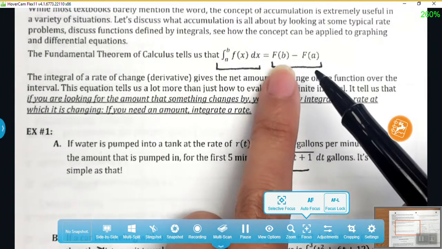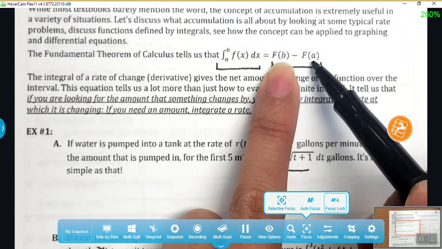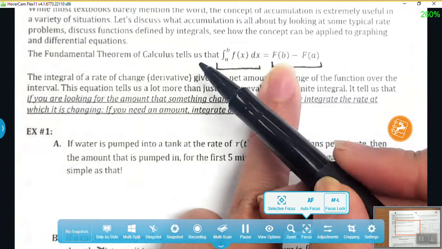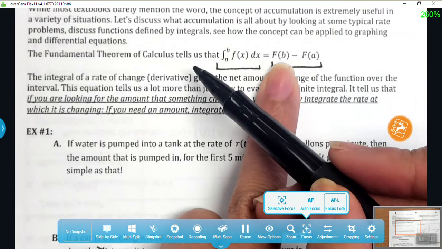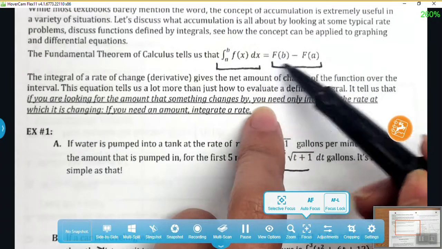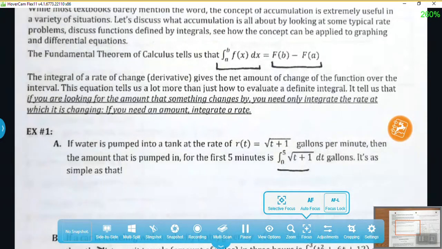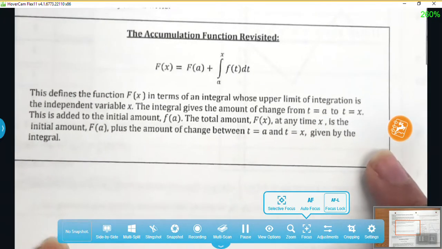Now you can rewrite the integral from a to b of f of x dx in this way. If you move this f of a over to this side, I can solve for any point on x. I don't find total change anymore, I actually solve for one location on the original function. That's what's called the accumulation function.